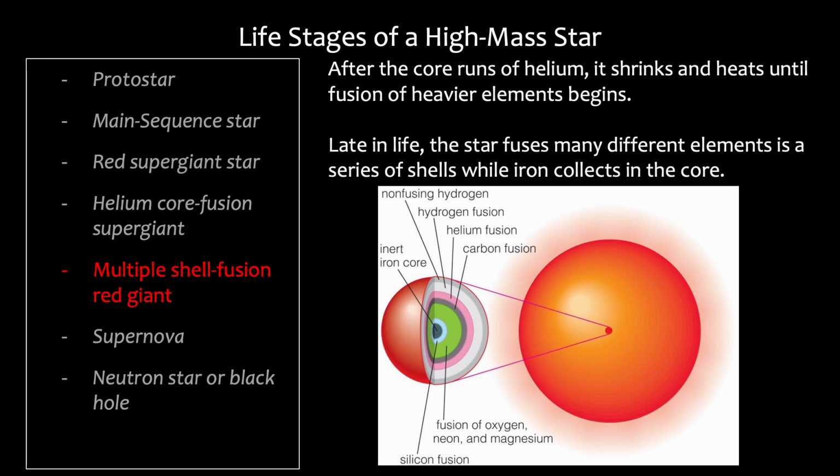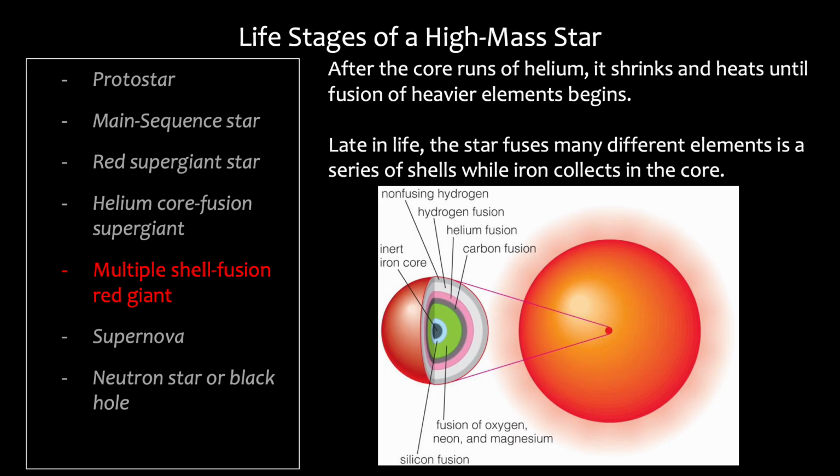Each time the core runs out of the element it is fusing, it shrinks and heats up until it becomes hot enough for another fusion reaction to occur within that core. And meanwhile, shell fusion ignites between the core and the surrounding shell. So it is a step-by-step repetition of the similar nuclear process for different elements.